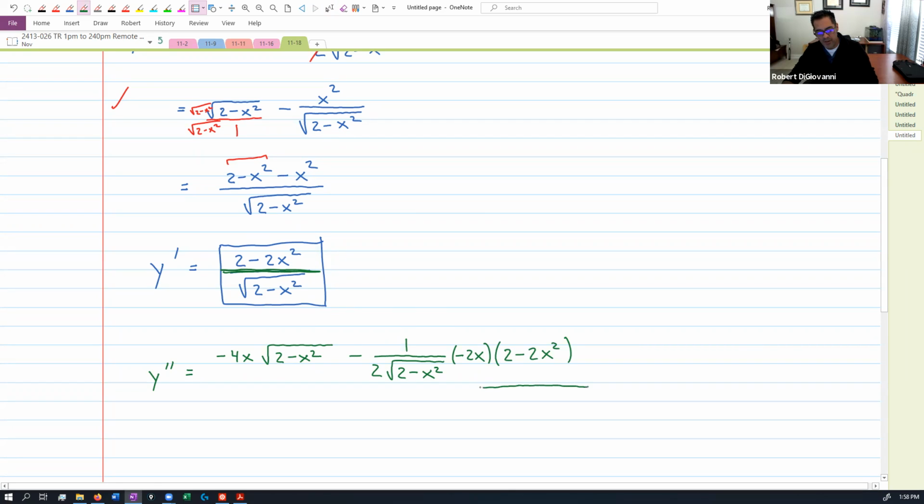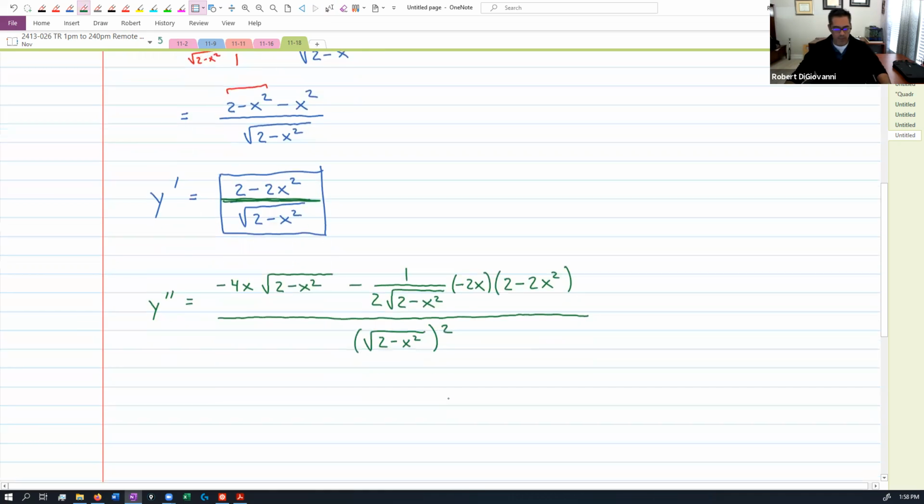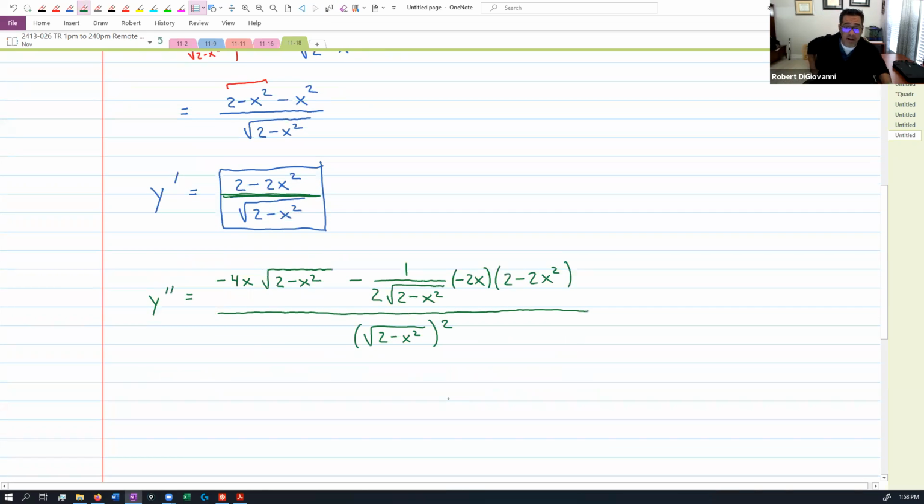All of that divided by the bottom squared. That is it, right? It ain't pretty, but that's it.